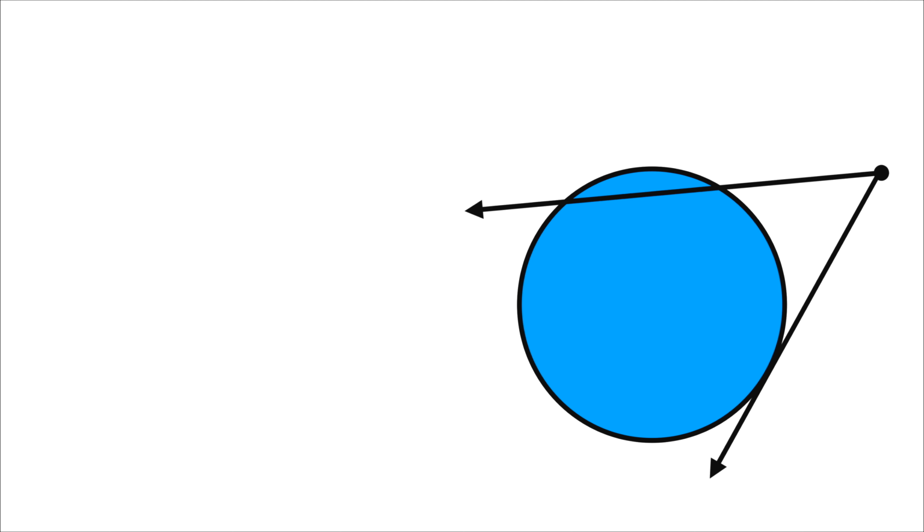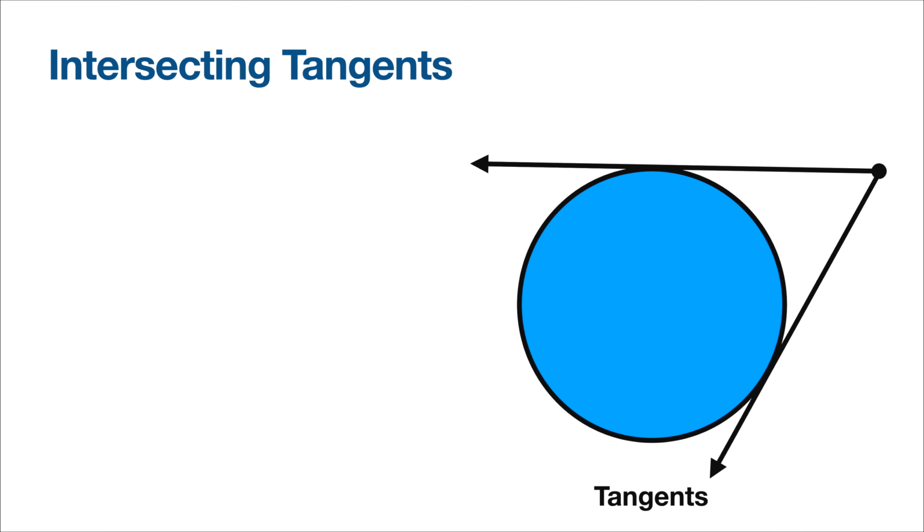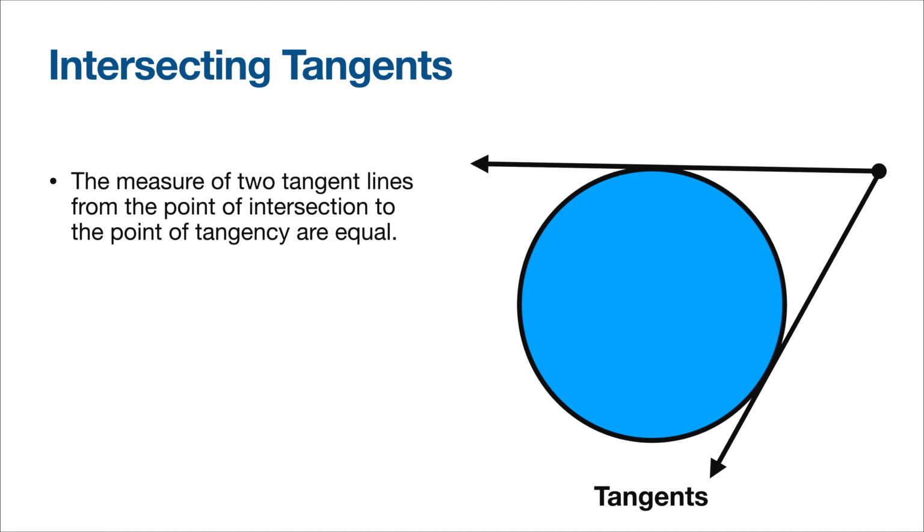Which brings us to the most worthless of slides, intersecting tangents. So the measure of two tangent lines are equal. So think about it this way. If I say that this is A, this is C, then I would say something like, well, okay, A squared is equal to C squared, because that's what we did on the last one. We squared the tangent.